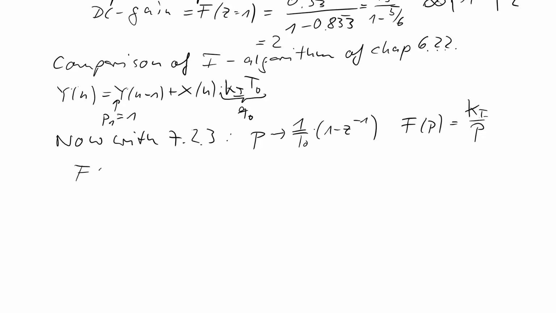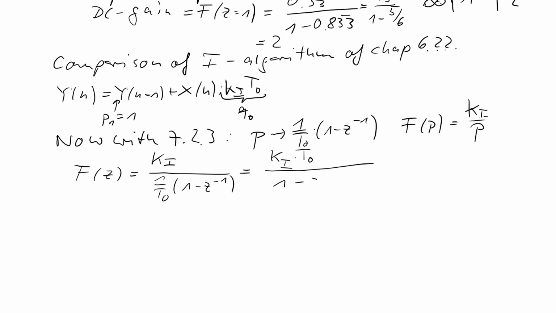We get an f of z, which is ki divided by my replacement, which is 1 over sampling time times 1 minus z to the power of minus 1. This gives ki times sampling time divided by 1 minus z to the power of minus 1.